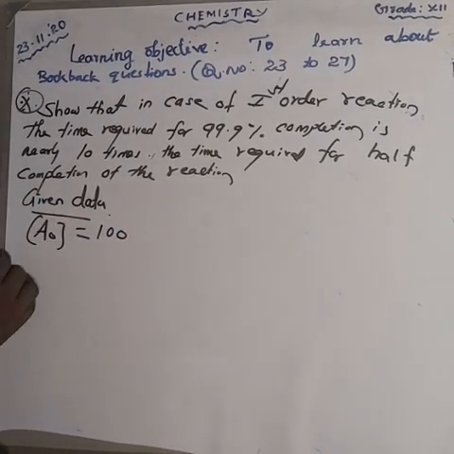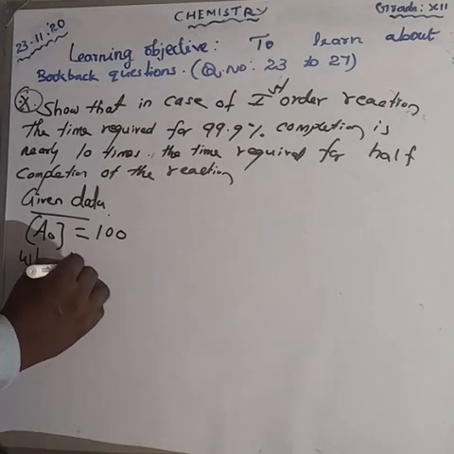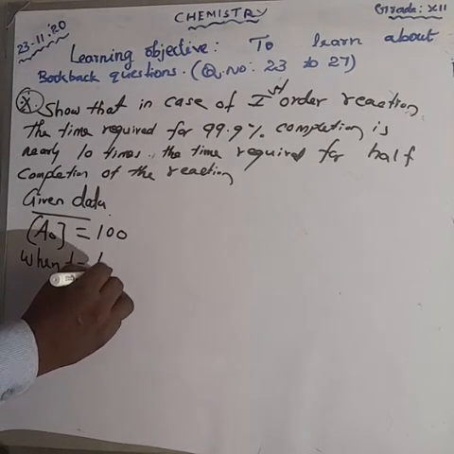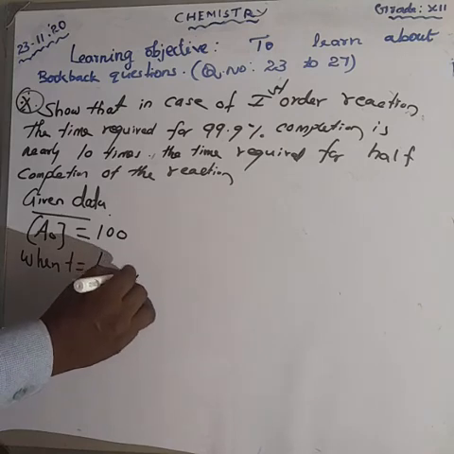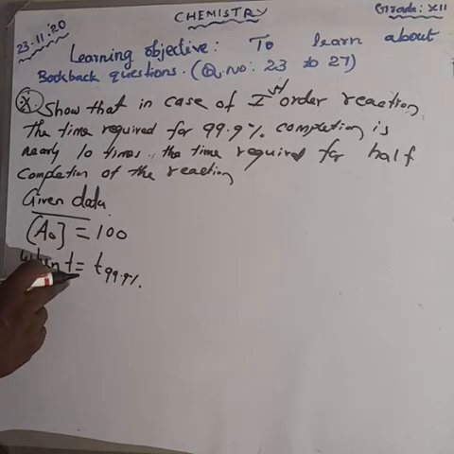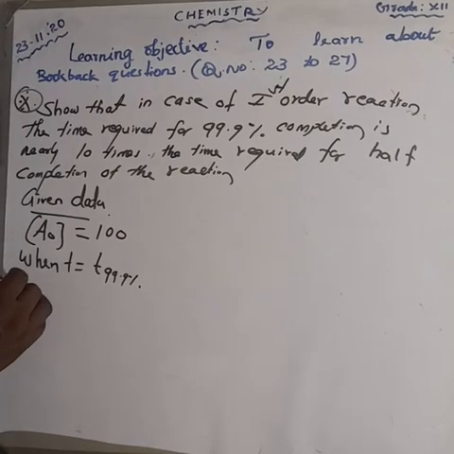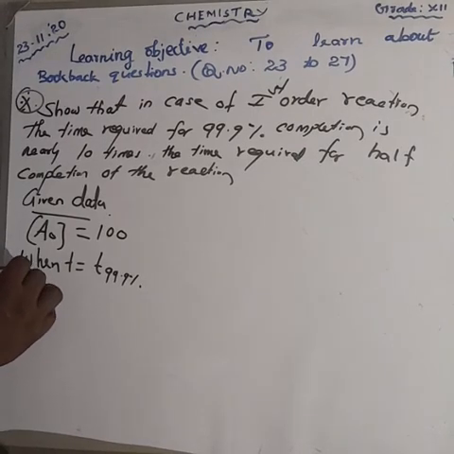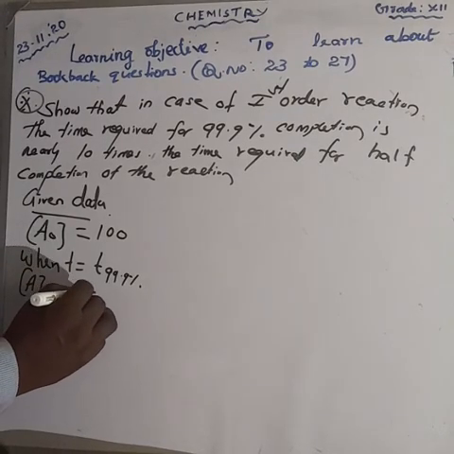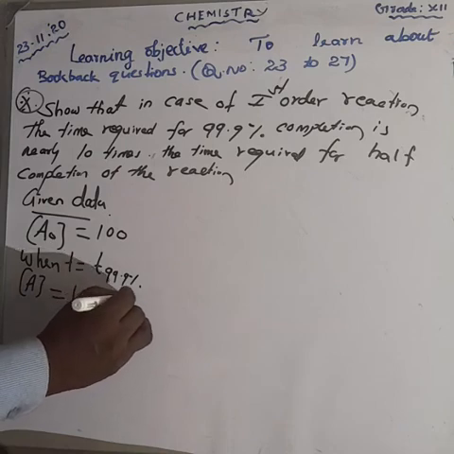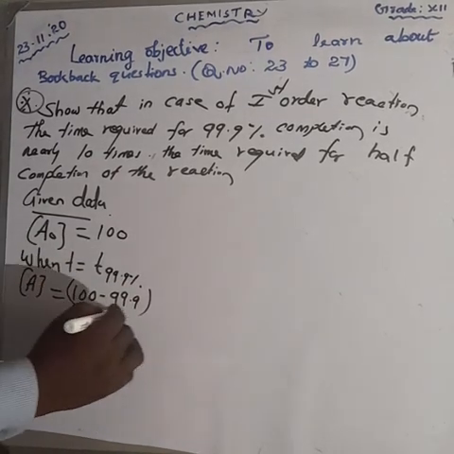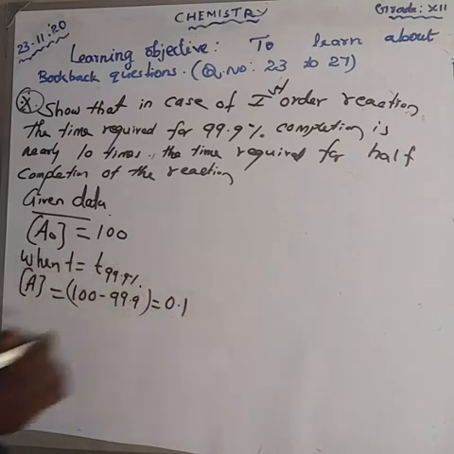When t is equal to t 99.9%, A is equal to 100 minus 99.9, that is equal to 0.1.